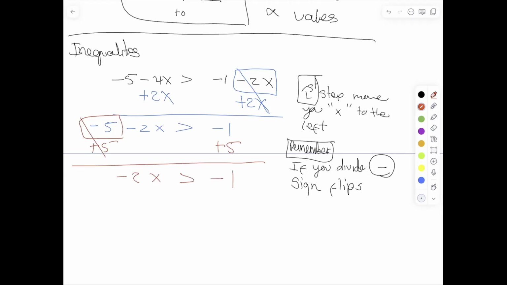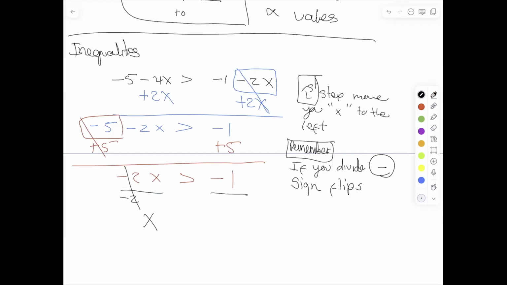Now, I have -2x is greater than -1. I want to find x by itself, but that -2 is married to the x. What's the opposite of marriage? Divorce. Which is division. So I got to divide by what? Negative 2.